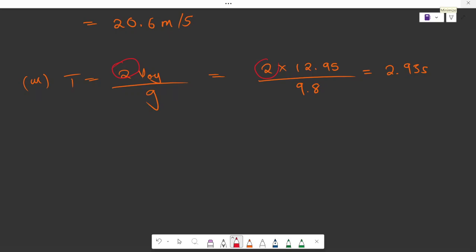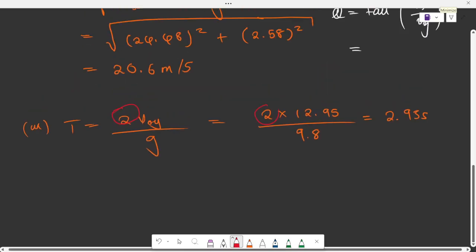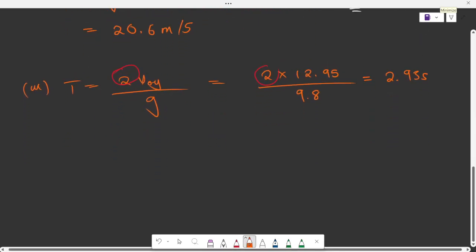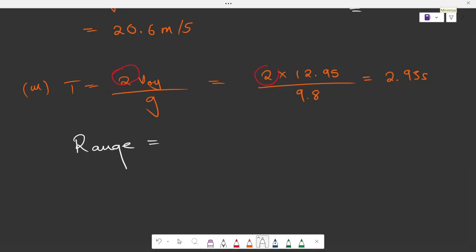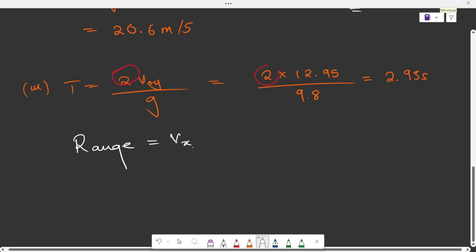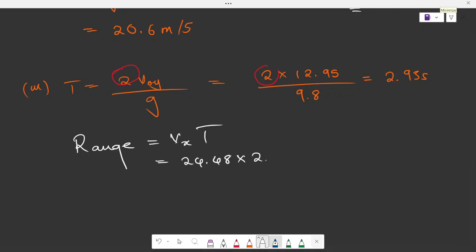2.93 seconds. Now, to find where the ball will land, or in this text we can say to find the range where the ball has landed away from the footballer, this will be equal to Vx times our total time of flight, which is equal to 24.48 times our total time of flight, which is 2.93 seconds.